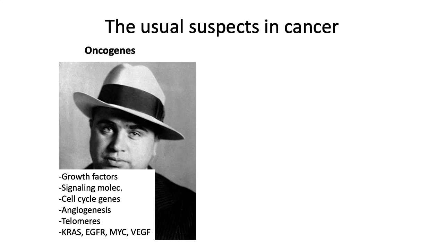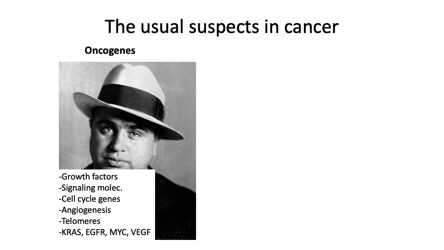Angiogenesis. If you have a tumor, it needs a blood supply or it's not going to grow. So you have genes that supply it blood vessels. Things that maintain telomeres. I see topoisomerase is upregulated in a lot of tumors that I look at. Anybody heard of topoisomerase? You know what that is? It's maintaining the ends of the chromosomes.